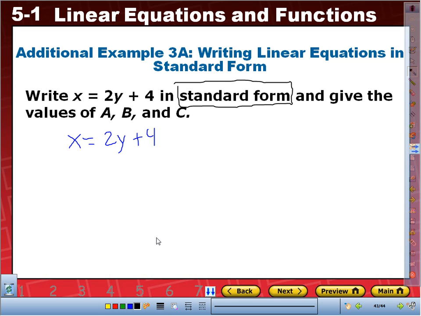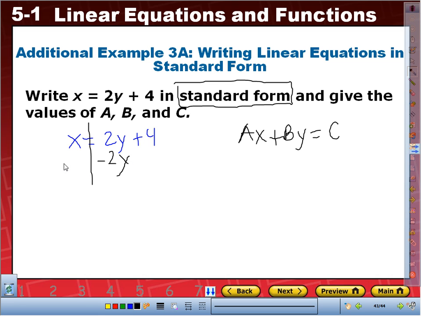So check this out. If they want it in standard form, it should look like this: AX plus BY equals C. Everybody look up, pens down, eyes up here. What do you notice? The X is on one side, the Y is on the other. So what do we need to bring on this side? The Y. So how do we cancel the 2Y from here?